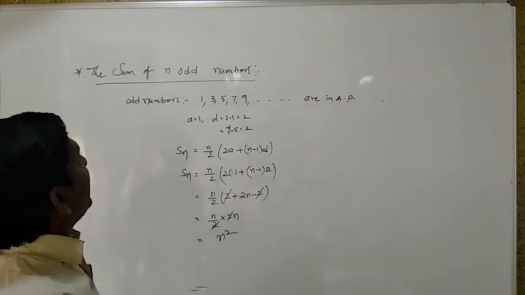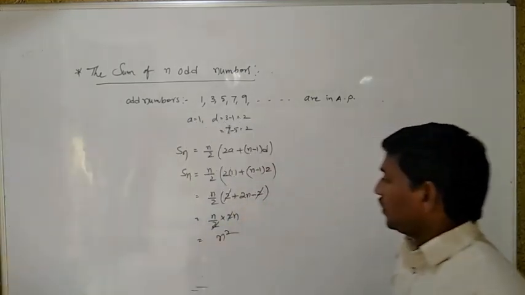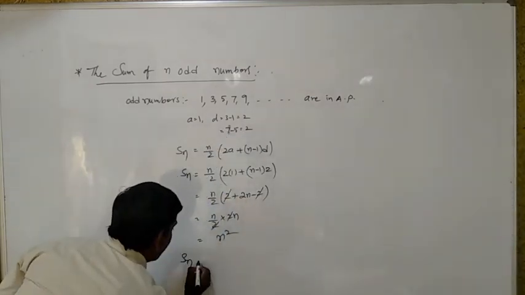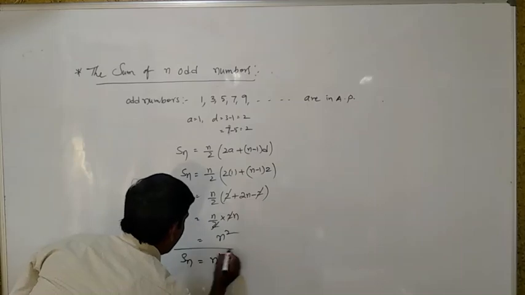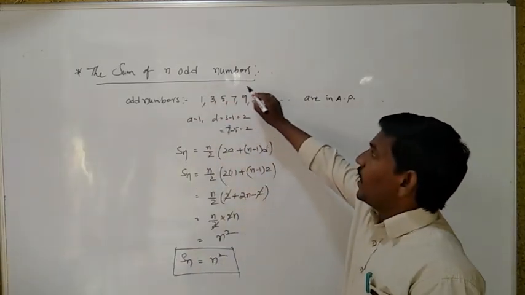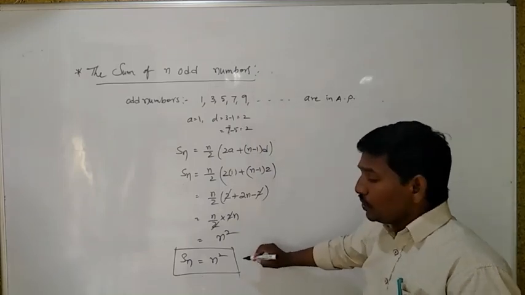So the sum of n odd numbers is equal to n square. The sum of n odd numbers Sn equal to n square.